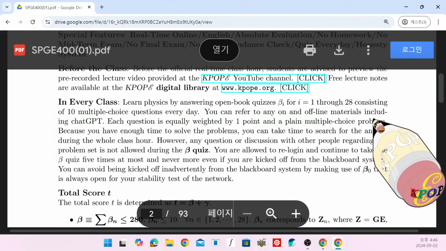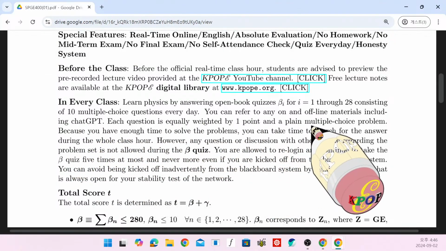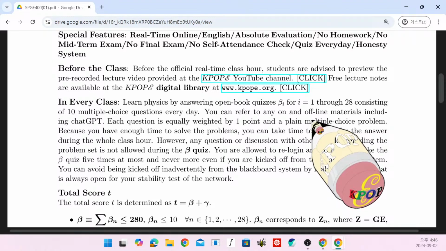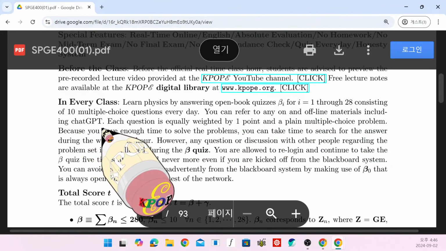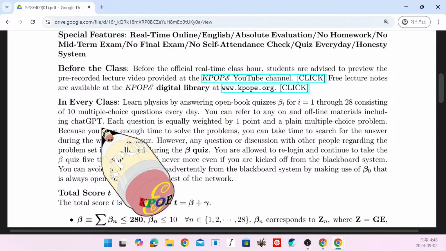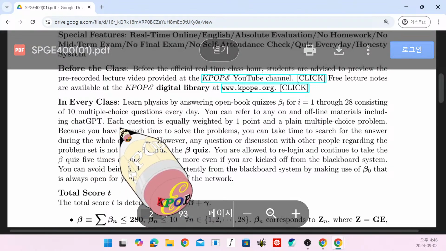You can ask for any information, but whether you discuss with somebody else or not, please find the answer by yourself. This is a training. And you can ask even ChatGPT, but you will find its answer is not always true.